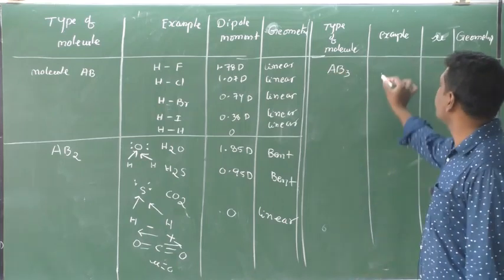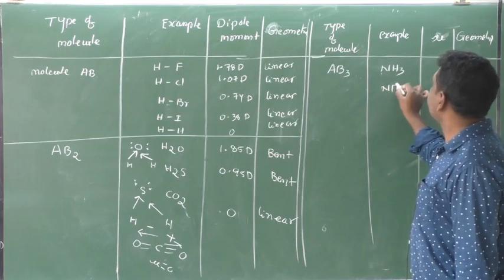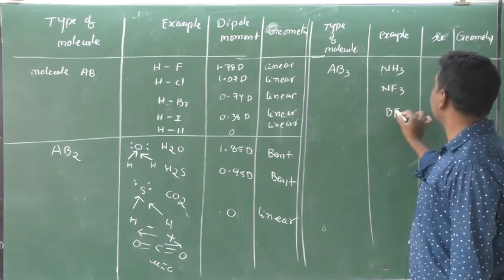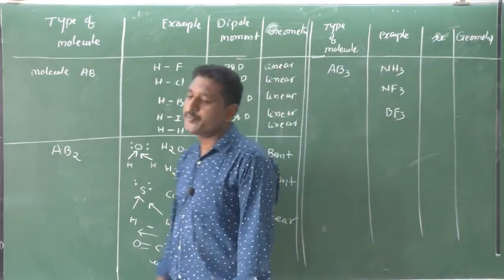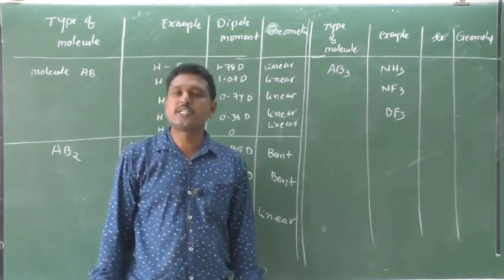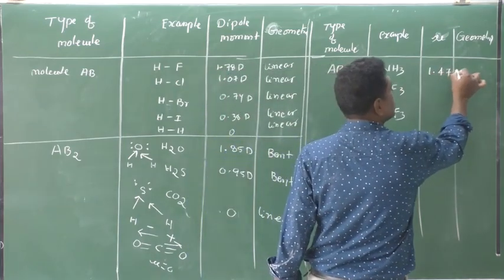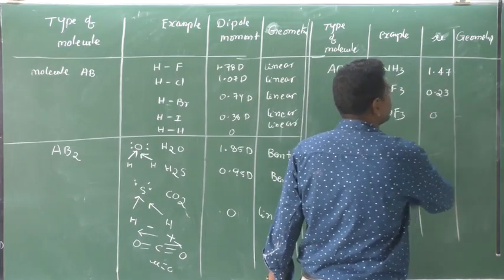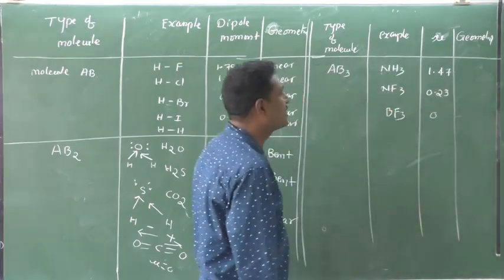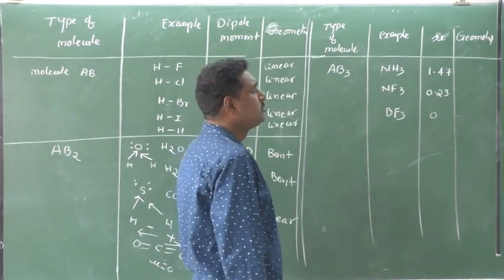Examples are NH3, NF3 and BF3. The values are 1.47 for NH3, 0.23 for NF3, and 0 for BF3.